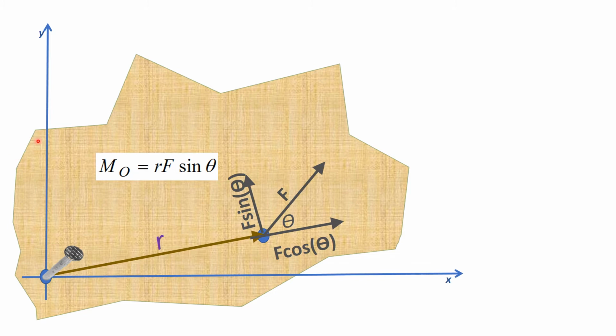Another way we could have calculated this instead of using a cross product is just by using the angle between these vectors. If we look at the angle formed between the position vector and the force vector, we can split the force into which piece of it is in the same direction of r. So this F cosine theta, that's not going to rotate it.